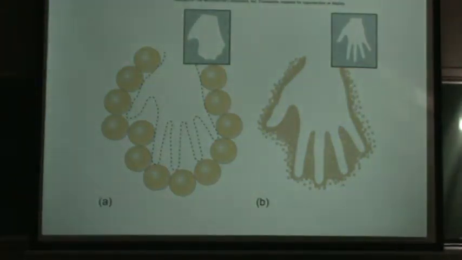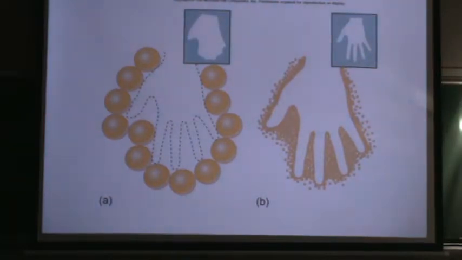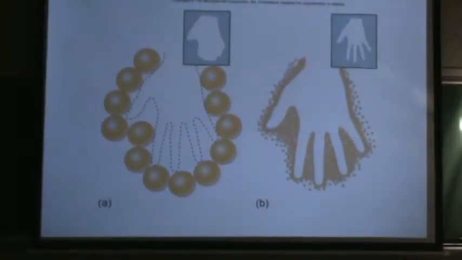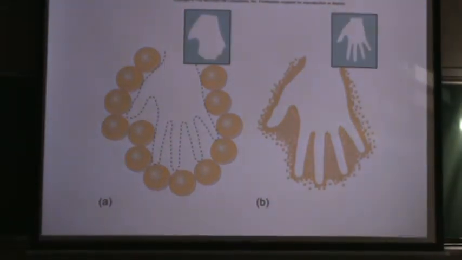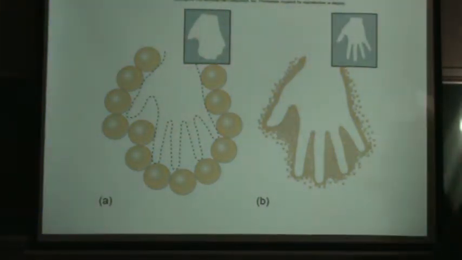So when we use lenses to make images bigger, that's magnification. And we definitely need to be able to magnify microbes to make them appear bigger so that we can see them. But if we just make the image bigger and we don't also make it resolved or sharper, we won't really be able to see very much.